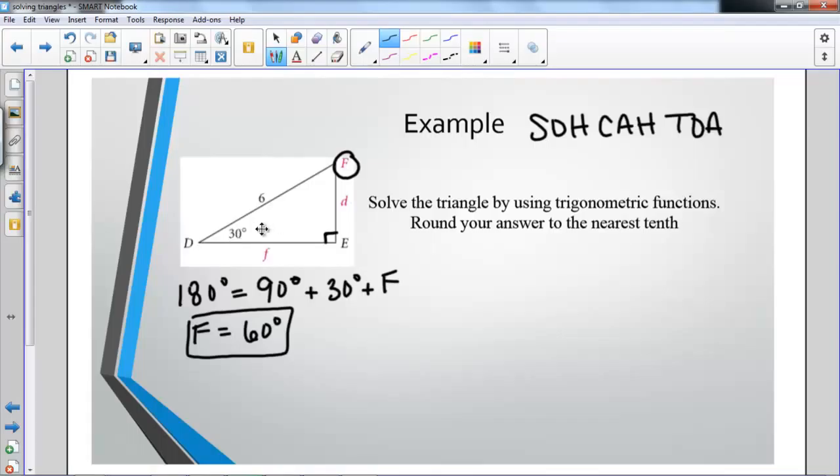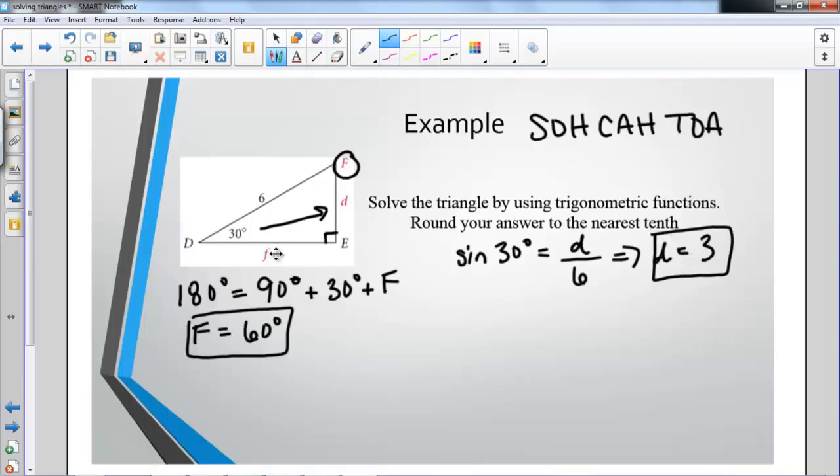Here 30 degrees is opposite of D, so I need to use sine. Sine of 30 degrees is going to equal opposite, which is D, over my hypotenuse, which is given to be 6. Solving for D, I find that D equals 3.